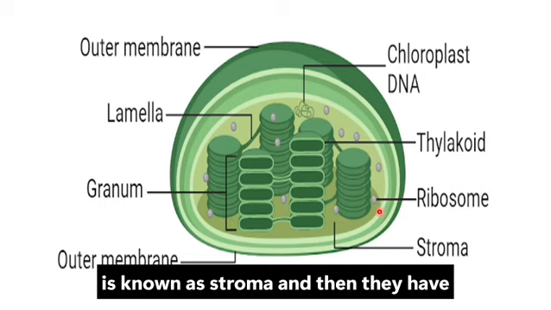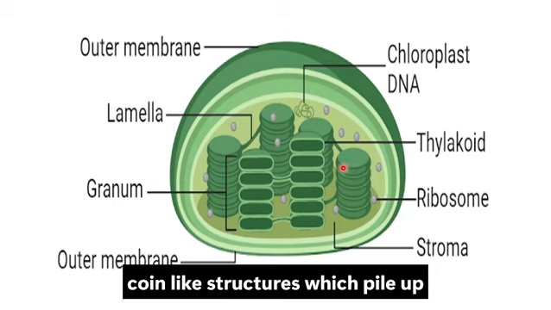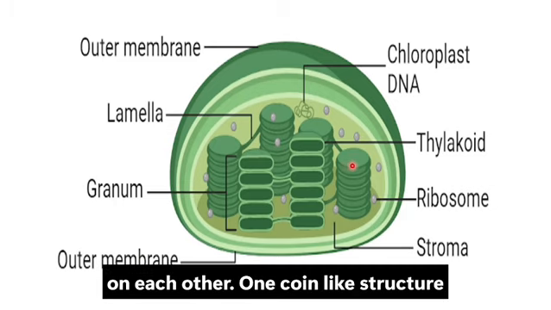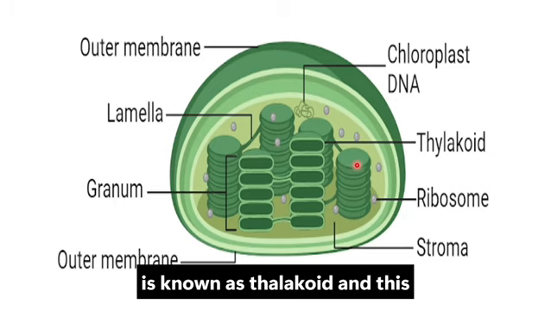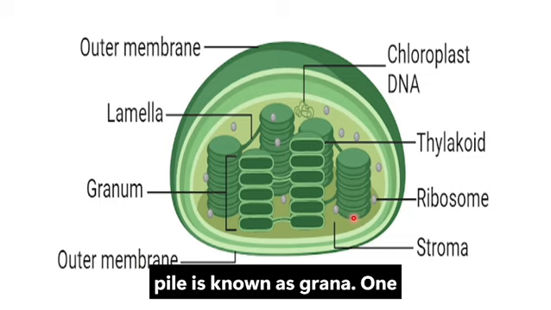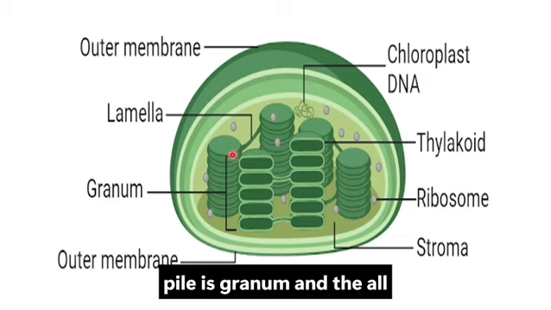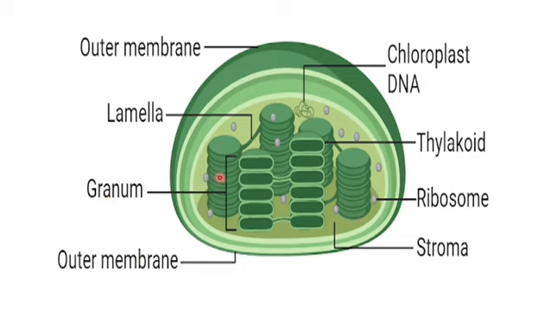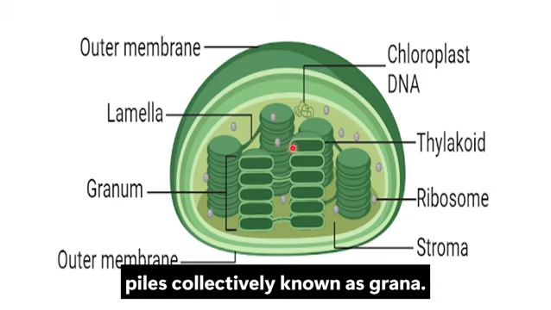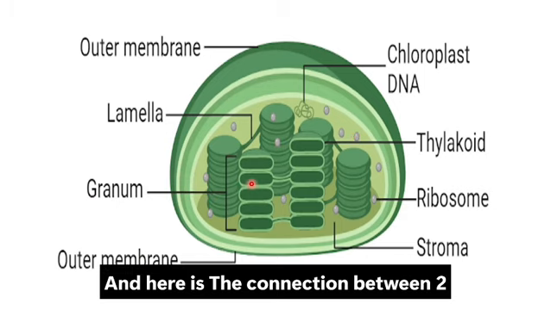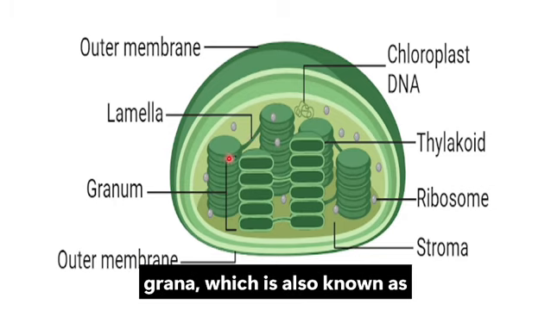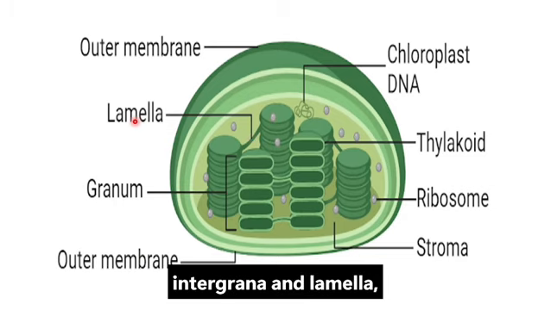Then they have coin-like structures which pile up on each other. One coin-like structure is known as a thylakoid, and one pile is known as a granum, and all the piles collectively are known as grana. The connection between two grana is known as intergrana or lamella.